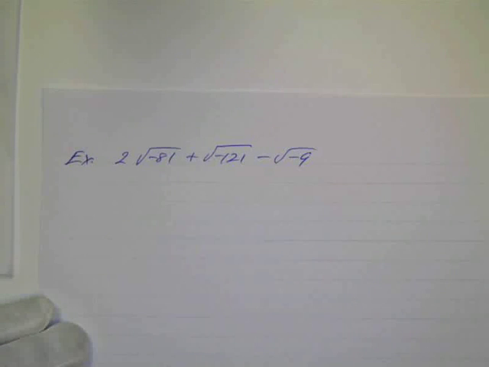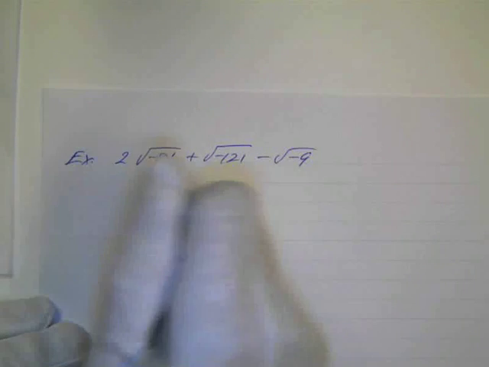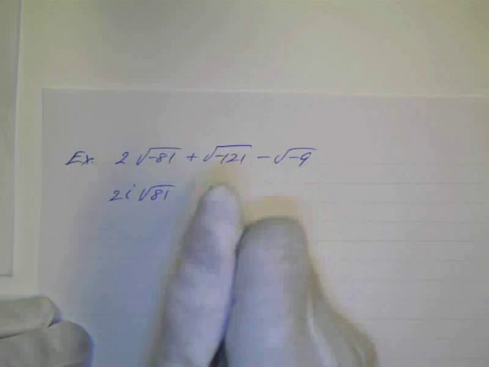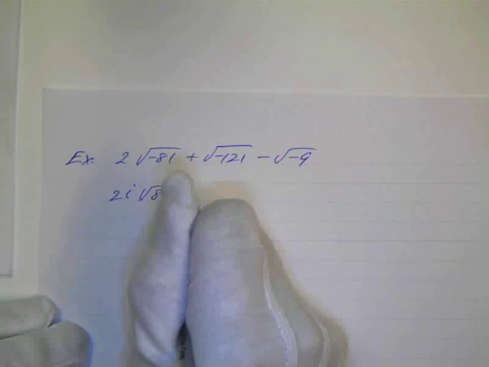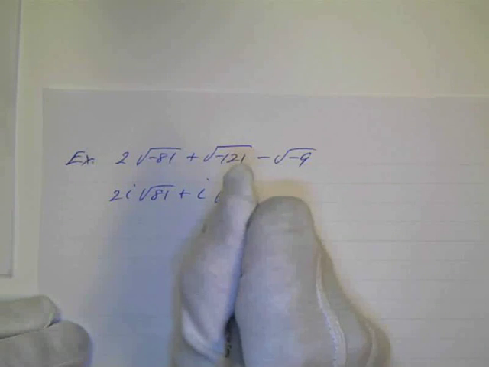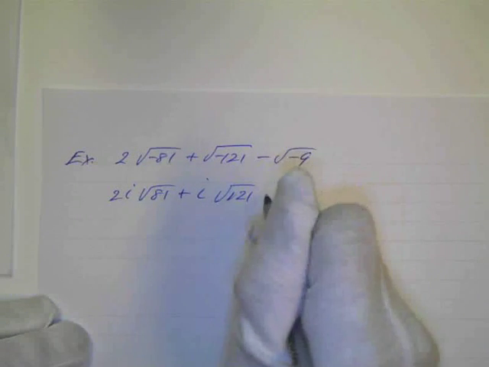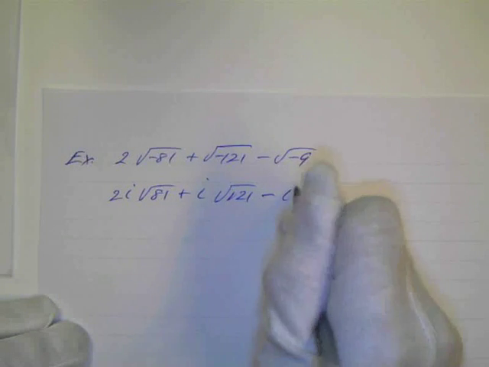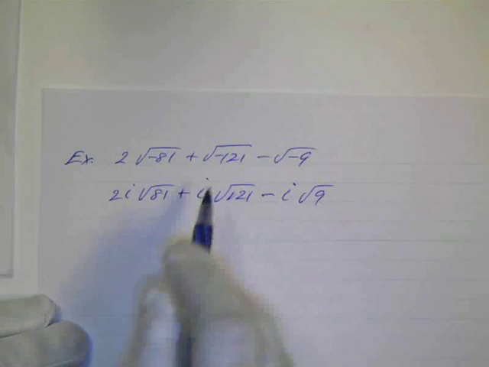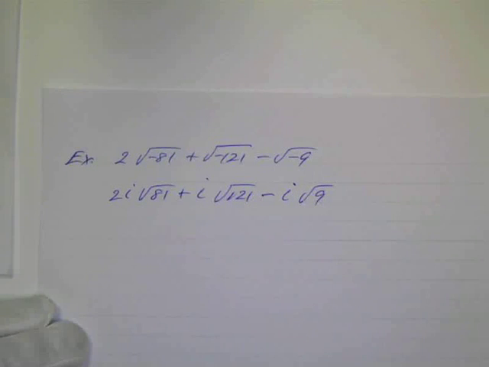The first thing we do is we take out the i's. So that's going to be 2i times the square root of 81. And then this is going to be plus i times the square root of 121 minus, and I take out the i times the square root of 9. So that's your first step. Just take out those negative signs and make them i.